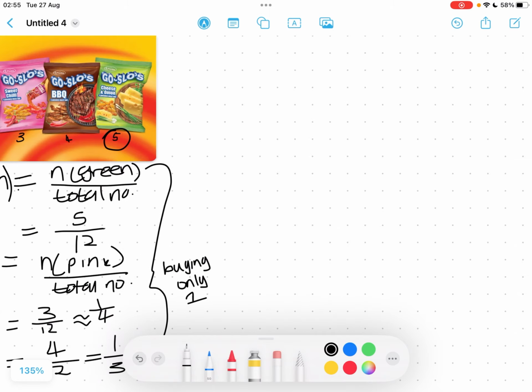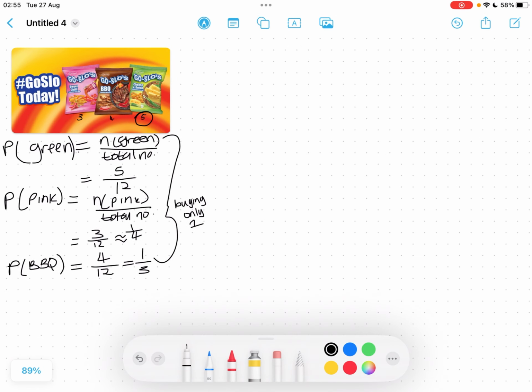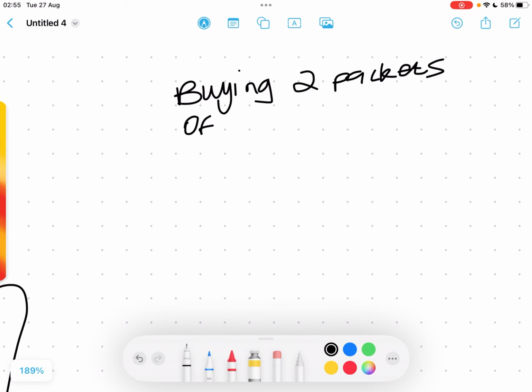So let's say this time you decide, I have 10 rand, let me buy 2 packets of snacks. So say you're buying 2 packets of snacks.